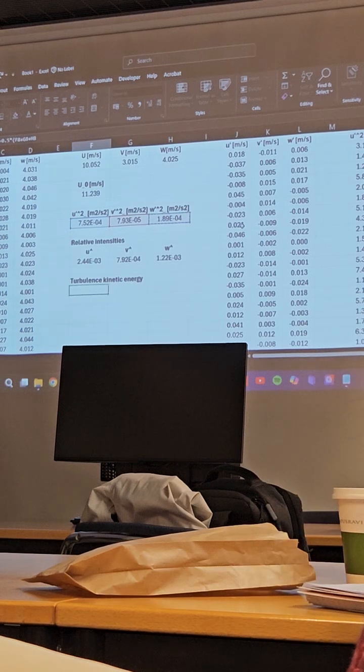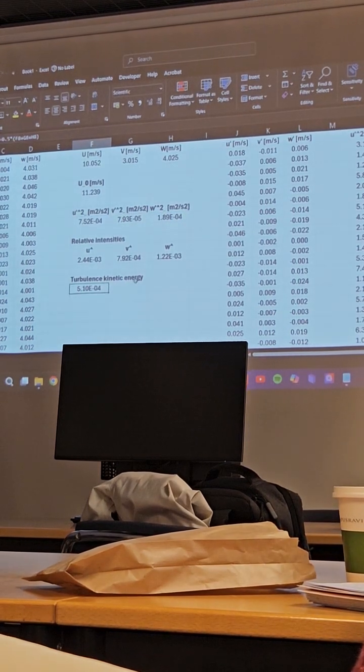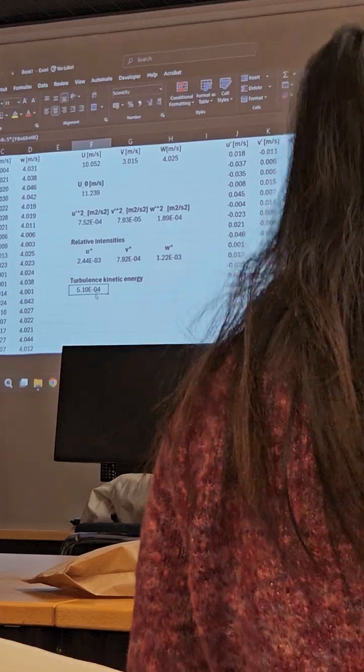So we can use that equation as 0.5 times the sum of U prime square average plus V prime square average plus W prime square average. And this is K, which is square meters per square seconds, but typically we use the joule per kilogram unit.